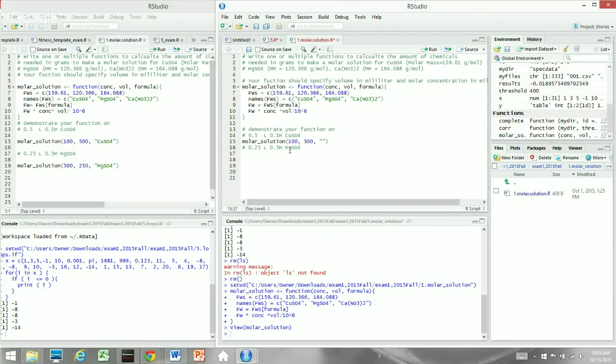And I have to make sure it's labeled properly so there's no confusion about which compound I'm talking about. Similarly, for molar_solution, 0.5 mole will be 500 millimole, and 0.25 liter is 250 milliliters. And again, make sure it's labeled properly.